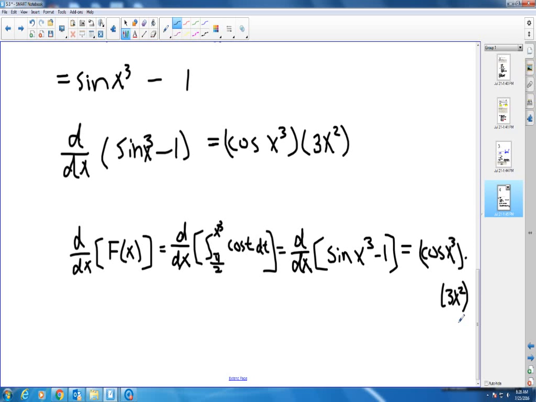There you go. So this part is the original f of x. The derivative of the antiderivative will equal the original function f of x.